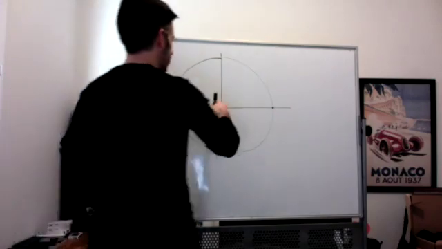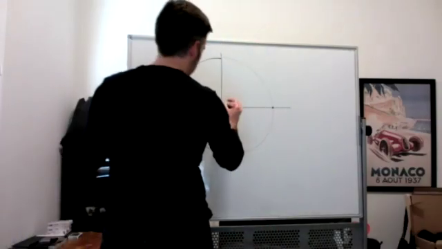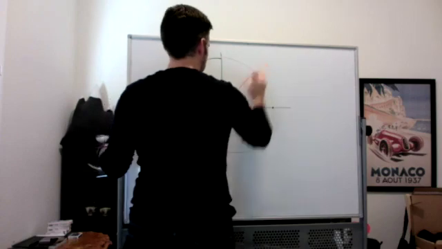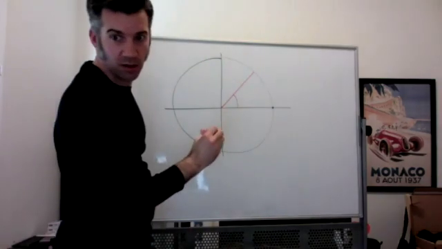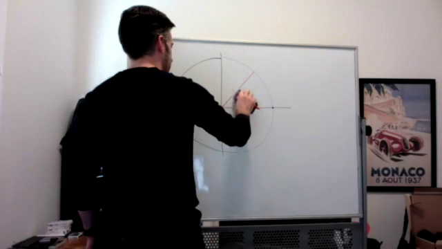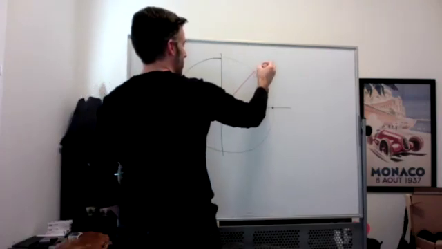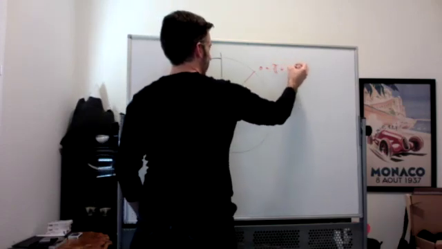So let's look at the first quadrant. I want to use some different colors here. Red will be the pi over 4 angle. So this red angle is pi over 4 radians, or 45 degrees.